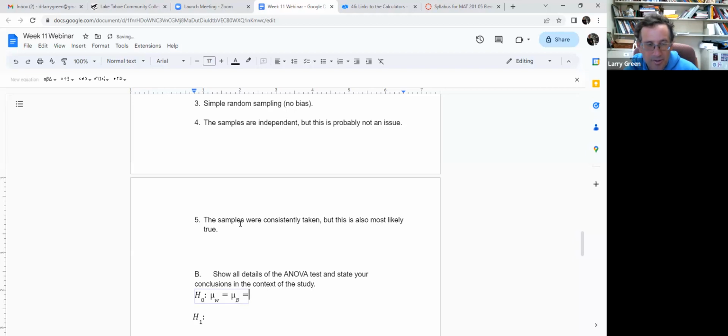And then equals, and then mu. And then H for Hispanic. And then equals, and then mu. And then how about O for other? Any questions at all on determining what H naught is?